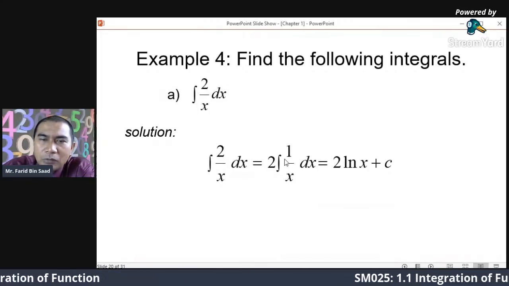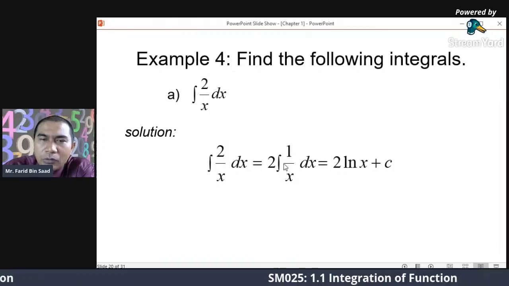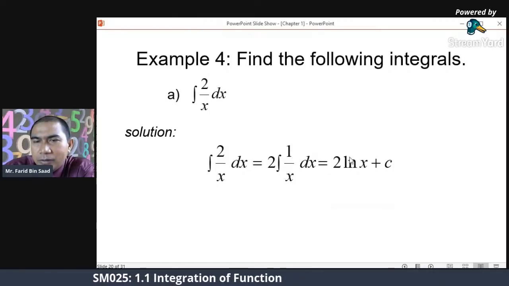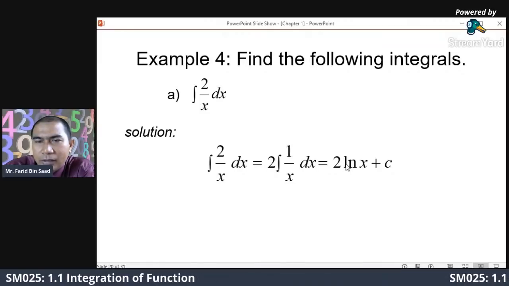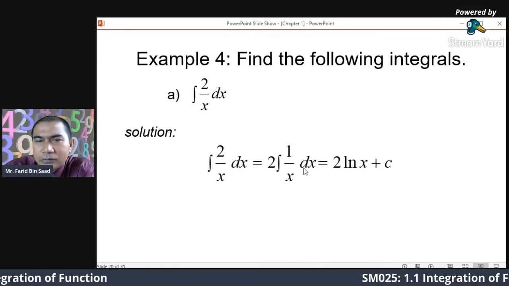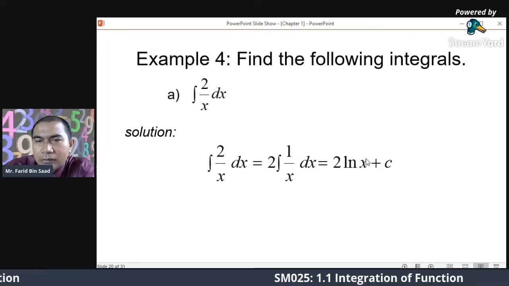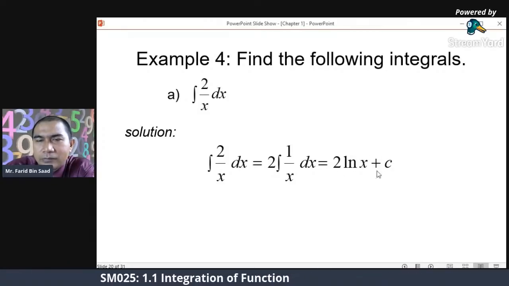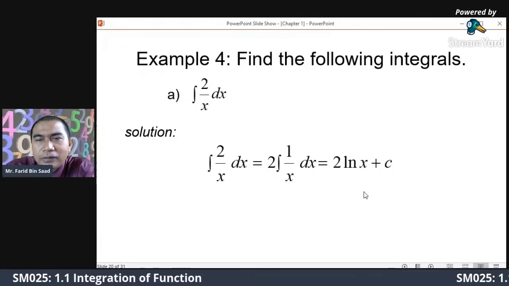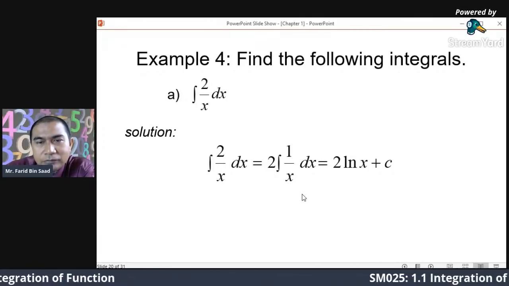So when we integrate 1 over x, or integrate x power of minus 1, we're going to get ln x. So 2 times ln x plus c. This is the answer. Simple, isn't it? Okay, next.